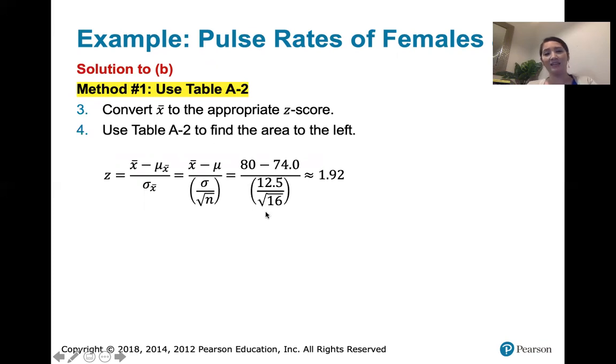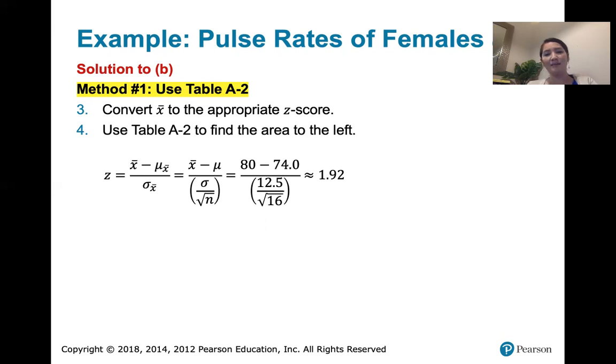When you fill everything in and you evaluate that, now you have a z-score of 1.92. So a sample mean of 80 beats per minute corresponds to 1.92 standard deviations above the mean of the sample means in this case.